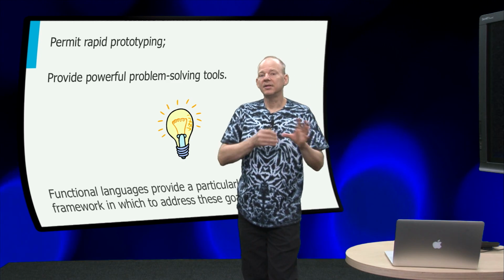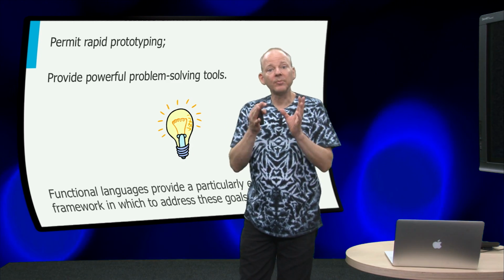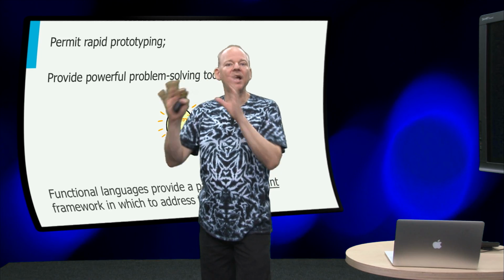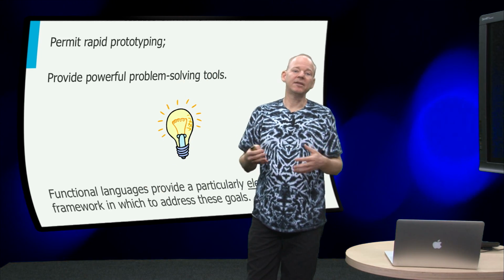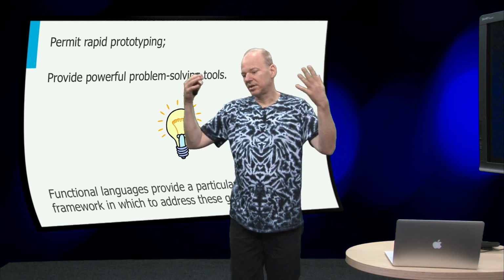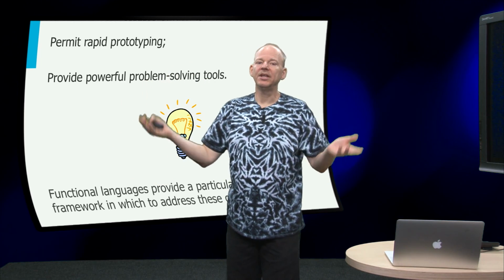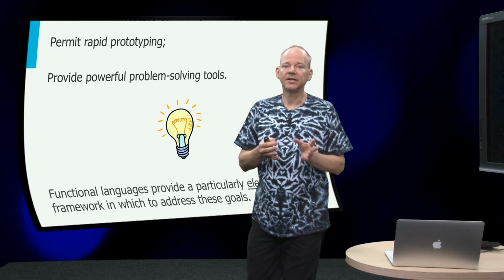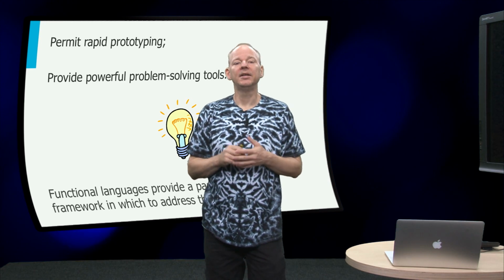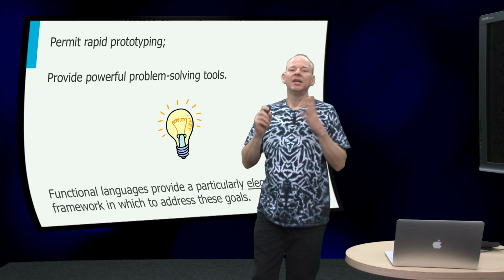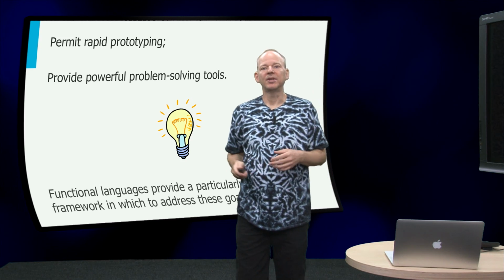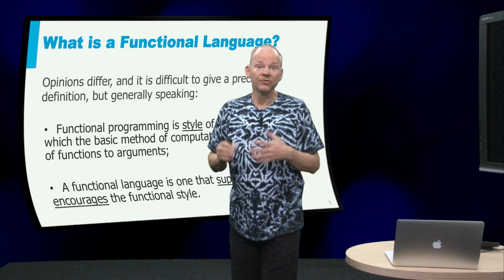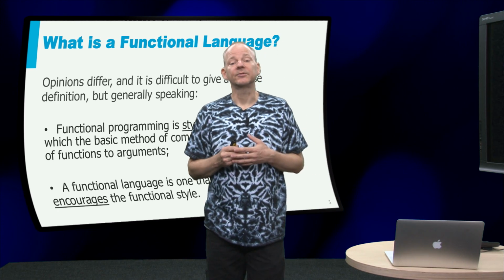So what we learn in this course, you will be able to apply to any language, even if you're programming in assembly or in Java or in PHP or in JavaScript. All the ideas that you will learn here, you can apply immediately in whatever language you happen to use. So what is a functional programming language?